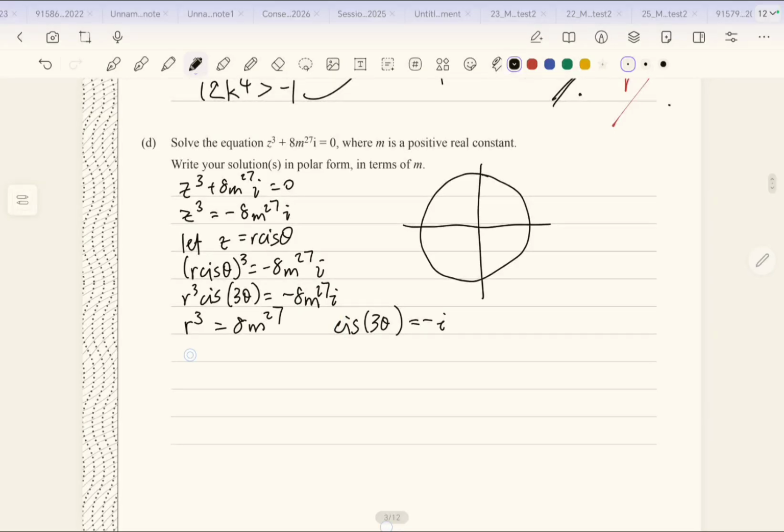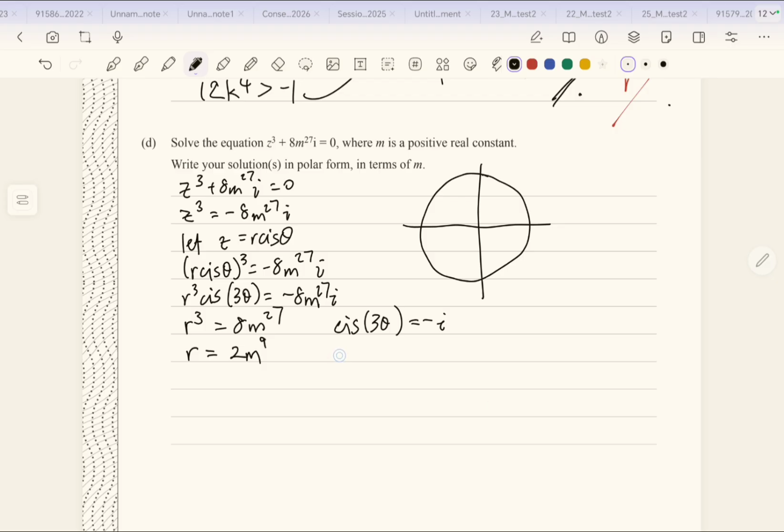This side is obvious because we have r cubed equals 8m to the 27. So r equals the cube root of 8m to the 27, which should be very easy at this rate, which is 2m to the 9, because 27 over 3 is 9. Right, we have cis 3 theta equals negative i. Therefore, you have to take a look.